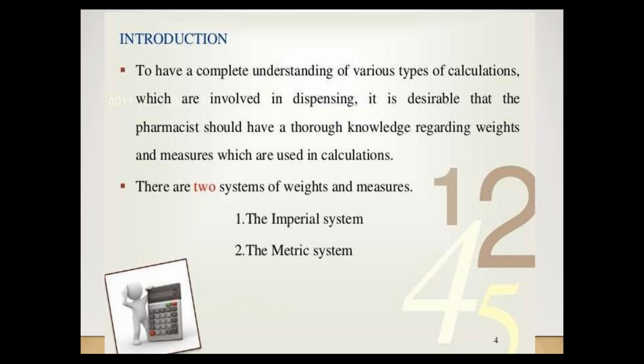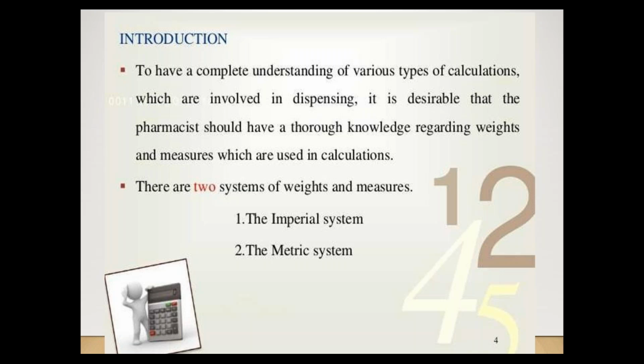Whereas in allopathic, they will mention how many tablets to be given, so usually the number is mentioned: thrice a day, twice a day or once a day. So in the olden days, the pharmacists had to have very good knowledge of what kinds of weights and measures are used. Because of that we have to study this particular topic.